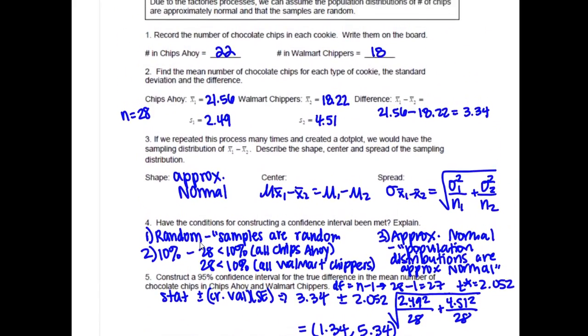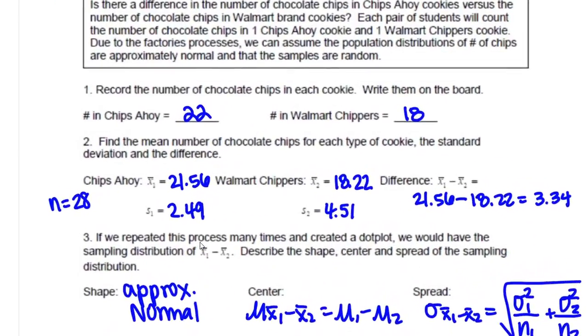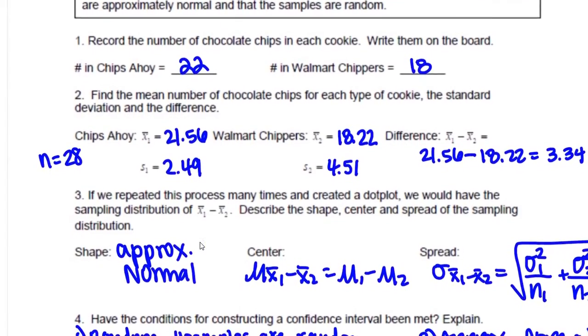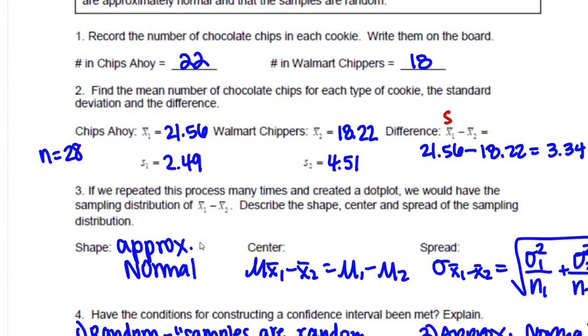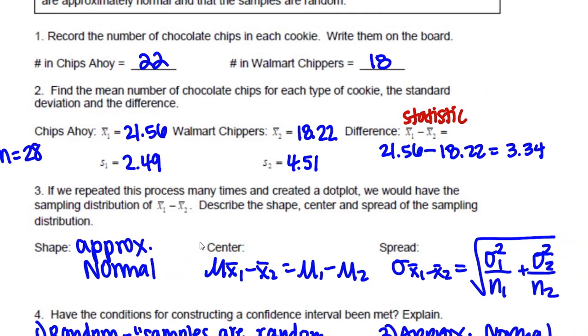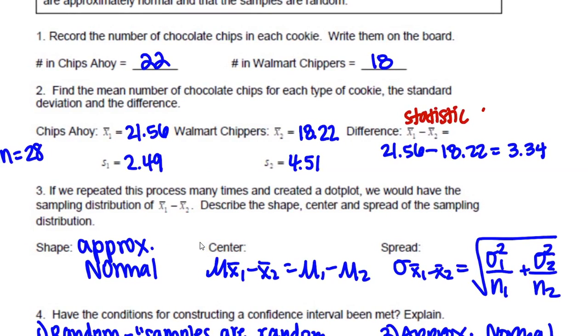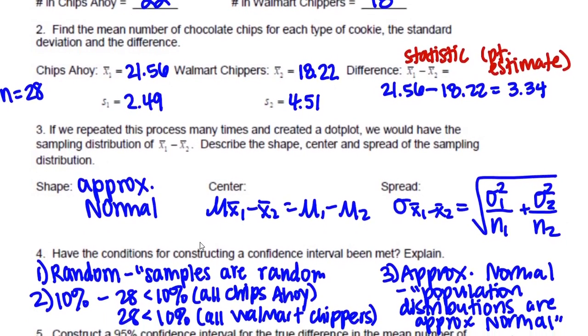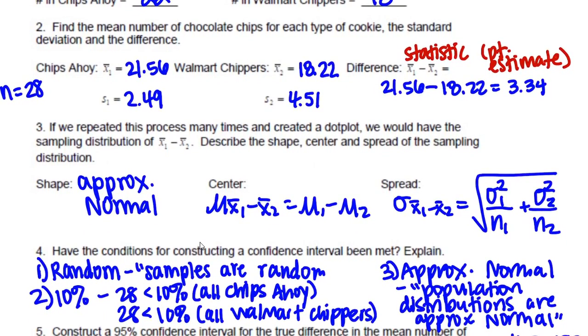So first, remember, these are called statistics when they come from samples. So this is going to be our statistic, or another word for that is point estimate. So that's the estimate that we have to estimate the difference in the number of chips. We don't have any other ability to estimate that value besides just subtracting the sample means.